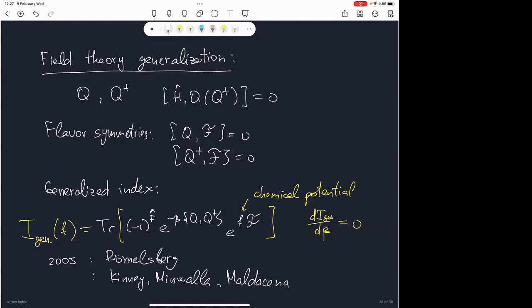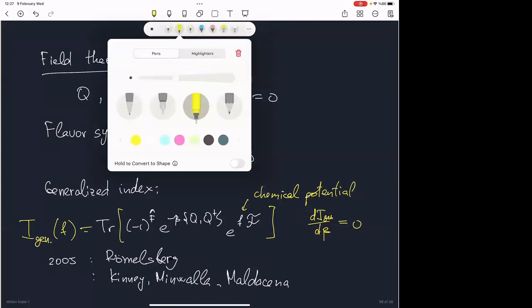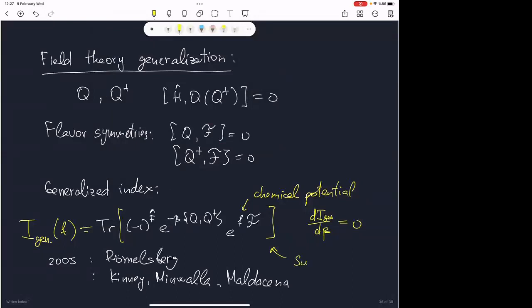So they introduced this index, which at that time had the name superconformal index. Why was it superconformal? Because they considered superconformal theories, with supersymmetry and also conformal symmetry.